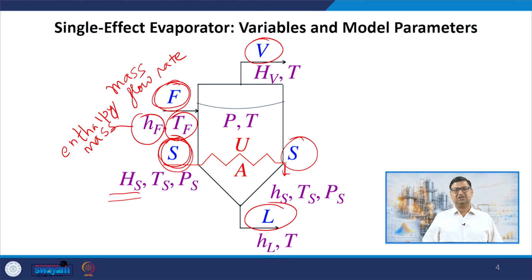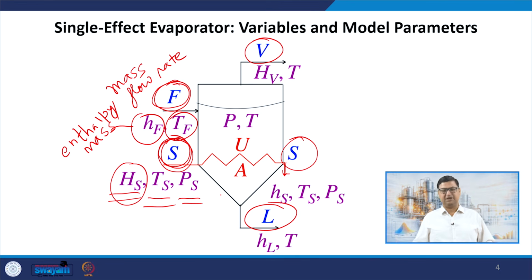As per notation, we will use capital H when I am referring to a vapor or gas phase, and I will use small h when I am referring to the enthalpy of a liquid phase. So, we have some enthalpy Hs of the steam at some temperature Ts, that is typically saturation conditions, and a corresponding pressure Ps.